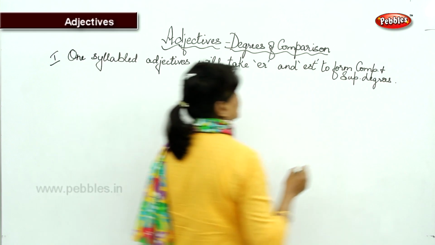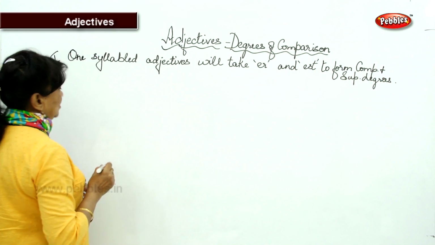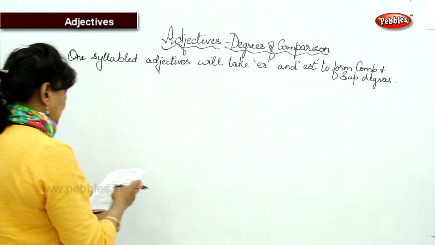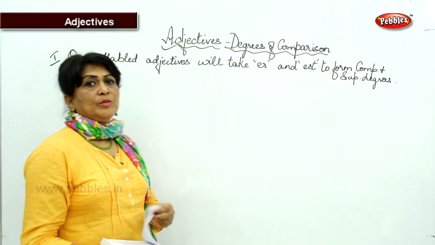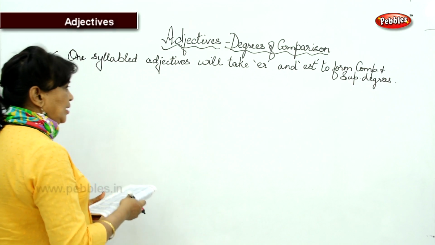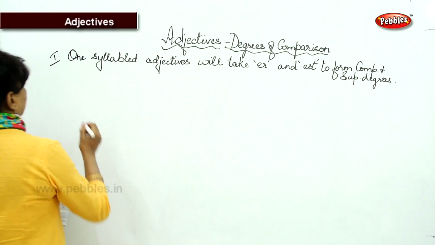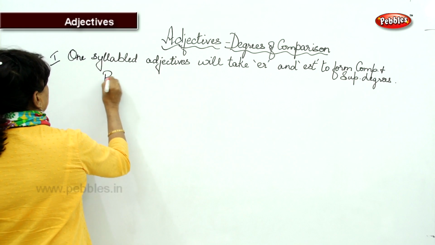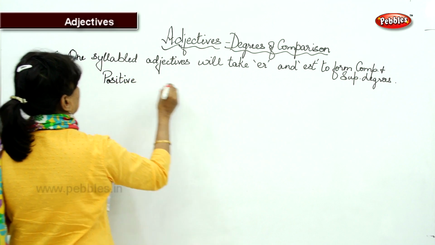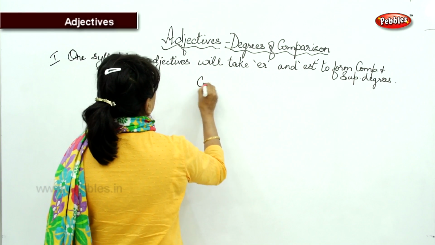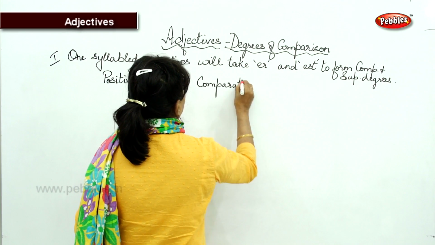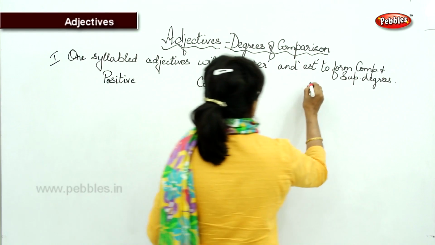Okay. Shall we see now? I will give you a few, not all, because your Wren & Martin book gives a lot of words. I will just pick a few and give from there so that you know how to change. So, positive, comparative, and superlative.